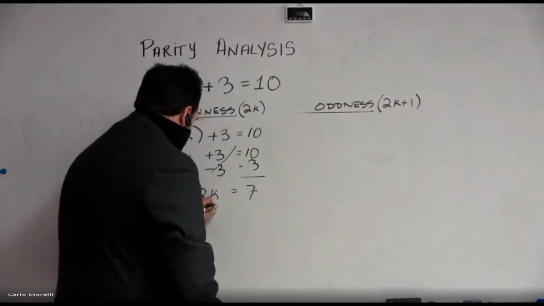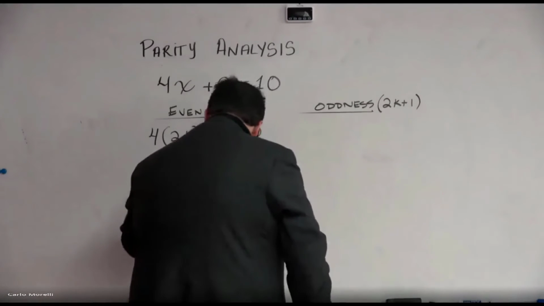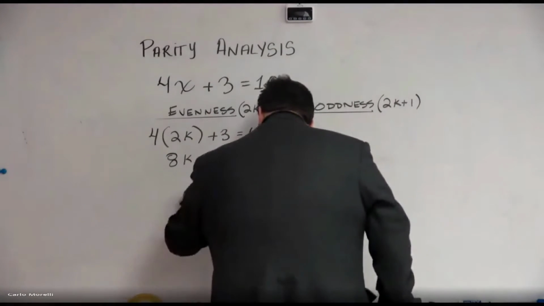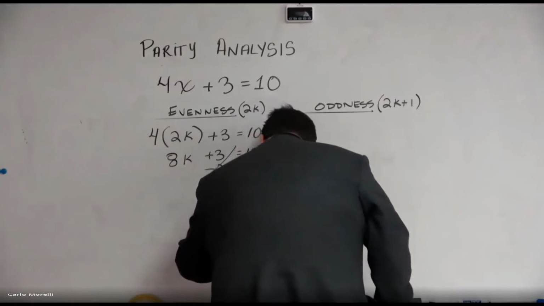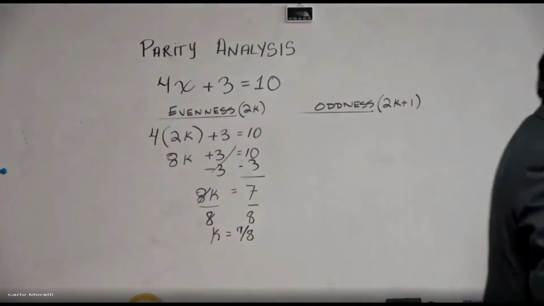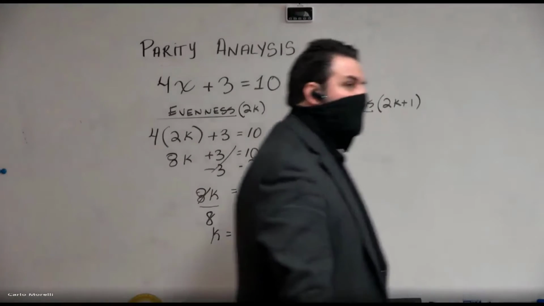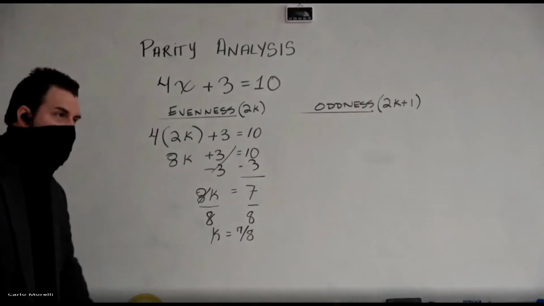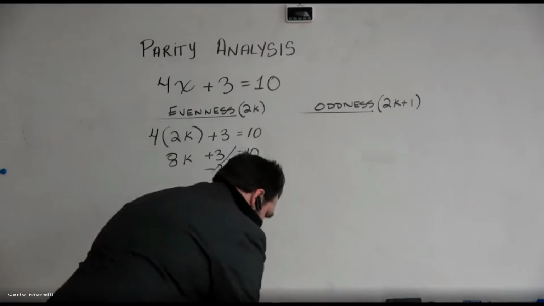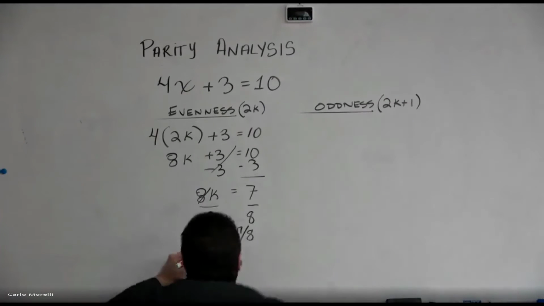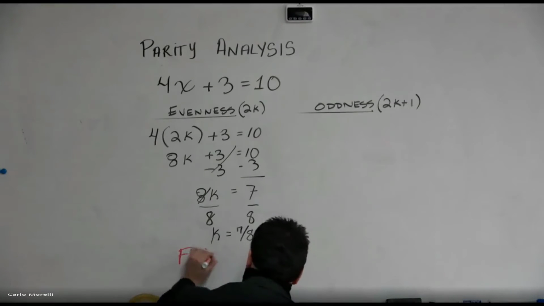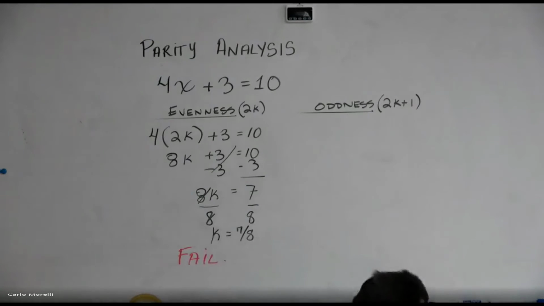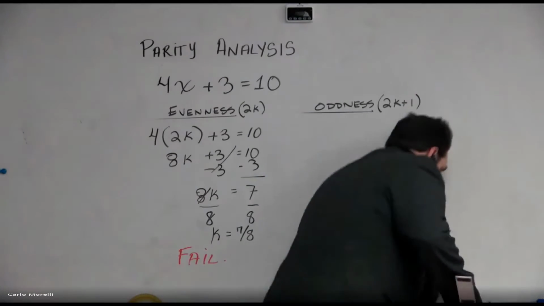Because now we're going to divide both sides by 8, and I have a problem, because k is a fraction. Remember, that means it fails the parity test. So k failed, or the evenness test failed. Fail. But all we know so far is that x is not an even integer.